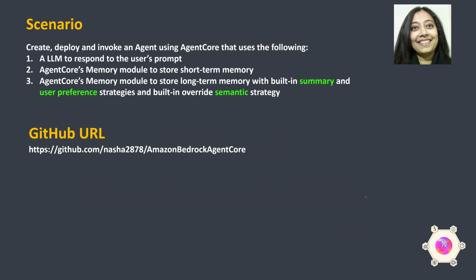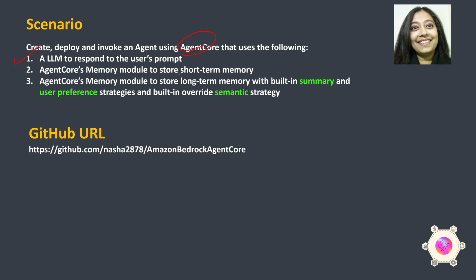Scenario for our lab today. As I said, part 10 is essentially a variation of part 9, so everything is the same over here. We are still going to create, deploy, and invoke our agent using AgentCore. We are going to use an LLM to respond to the user's prompt.